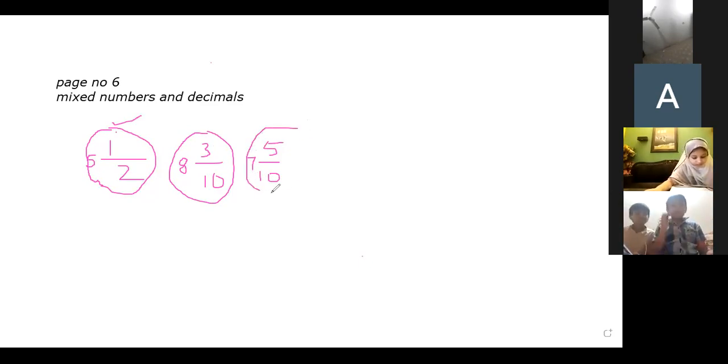We have to make them into decimals. How are we going to write them in decimals? I'm going to start.